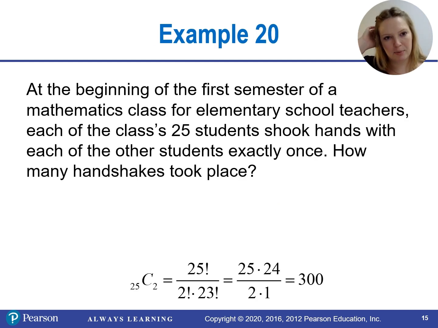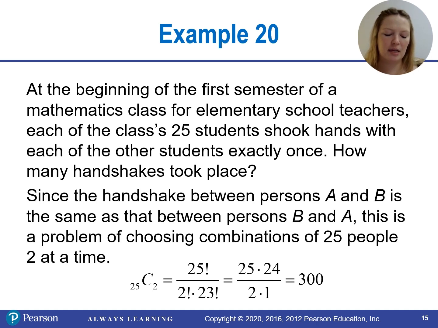Another combination example: at the beginning of the first semester of a math class for elementary school teachers, each of the class's 25 students shook hands with each of the other students exactly once. How many handshakes took place? This is actually a combination problem because we're essentially finding the number of ways to pair 2 people together. A and B shaking hands is the same as B and A shaking hands, so the order doesn't matter.